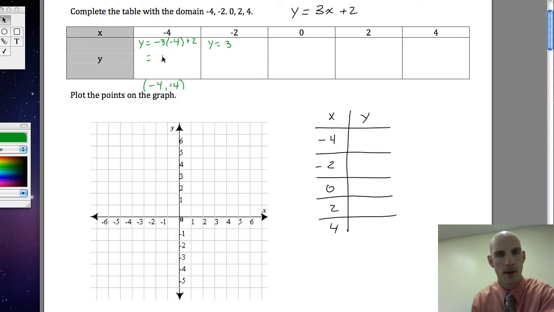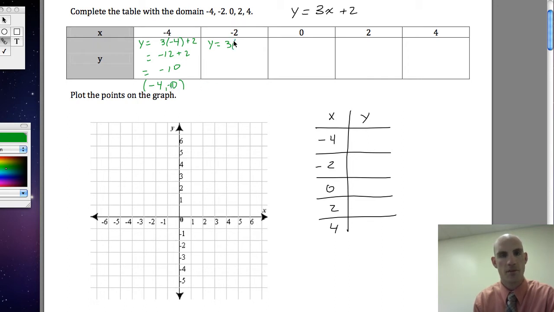It should just be 3. I'm sorry, guys. It should just be 3 times -4, which is -12. -12 plus 2 is -10. Sorry, guys. So this is going to be -10.